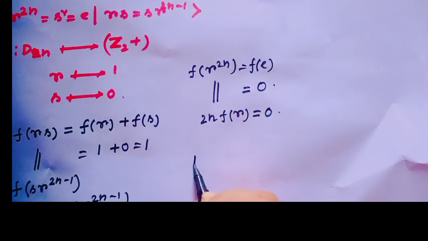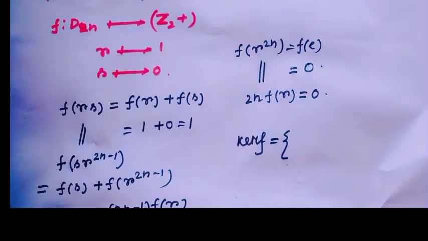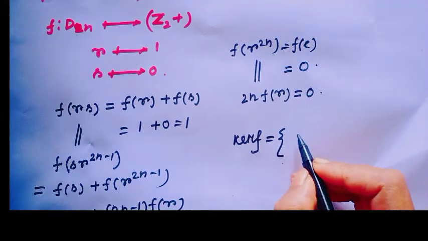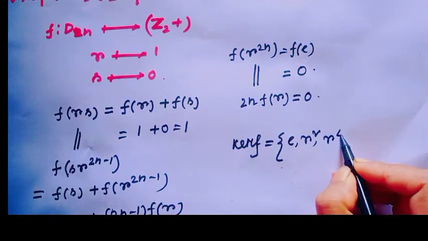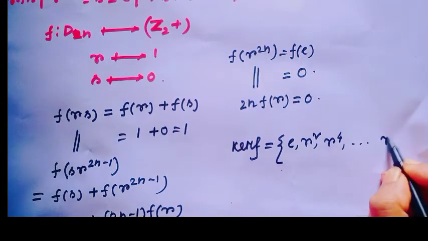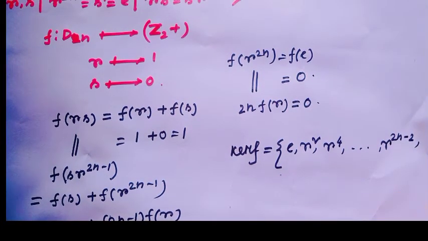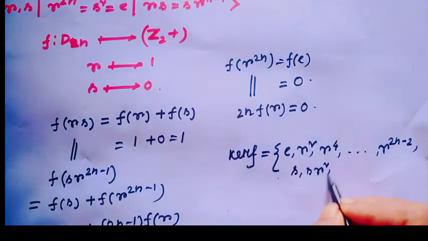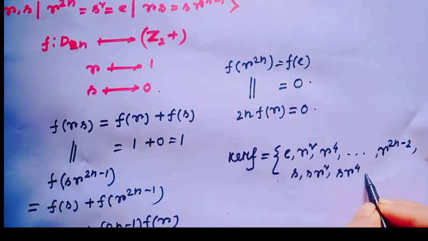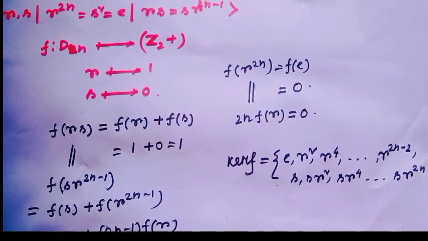Now, what would be the kernel of f? Since r to the power 2n equals identity, it contains r square, r to the power 4, up to r to the power 2n minus 2, and also contains all reflections sr square, sr to the power 4, up to sr to the power 2n minus 2.